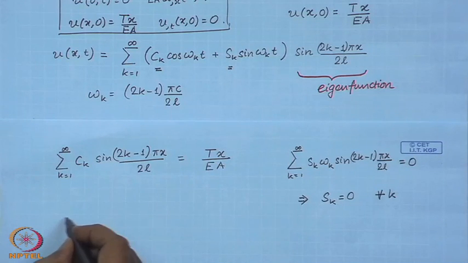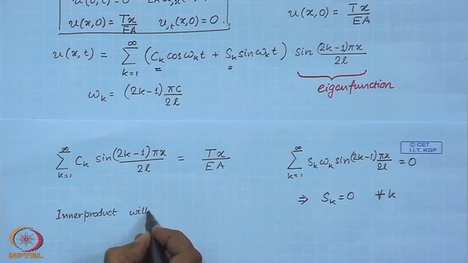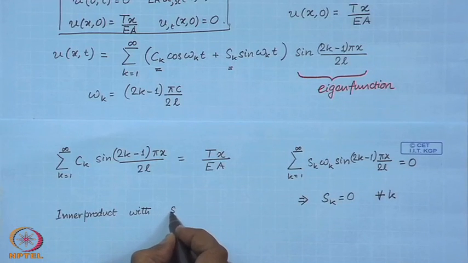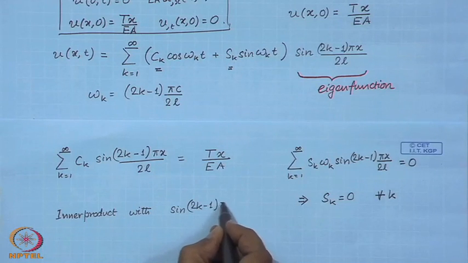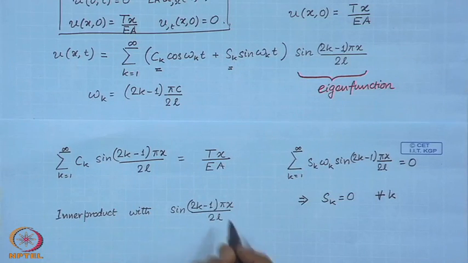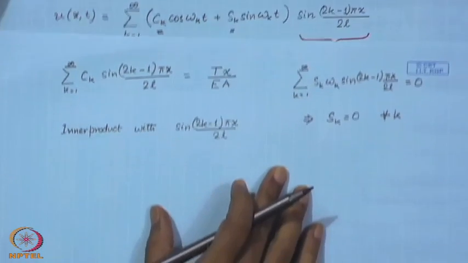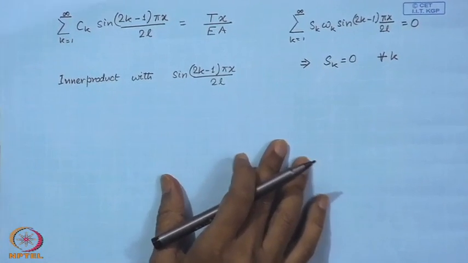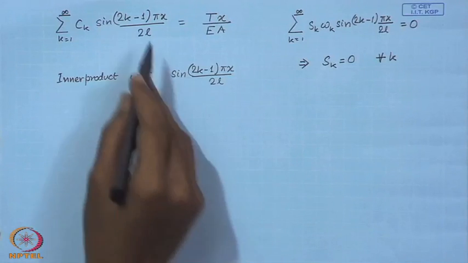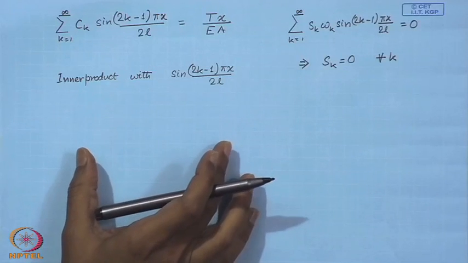So, we take the inner product with this kth eigenfunction, and if you perform this integral, so you multiply this and integrate over the length of the bar.